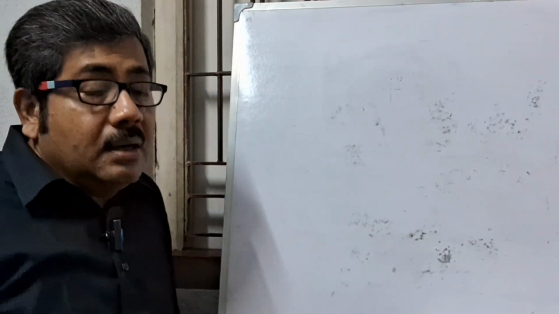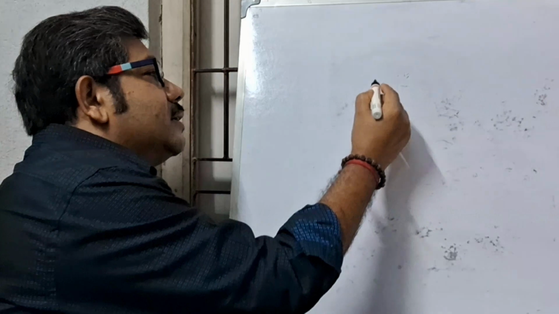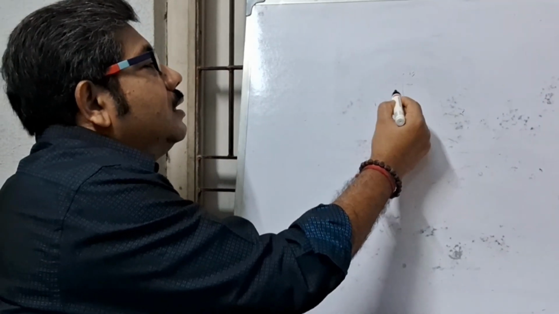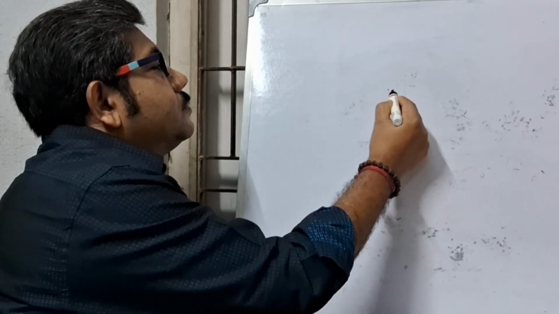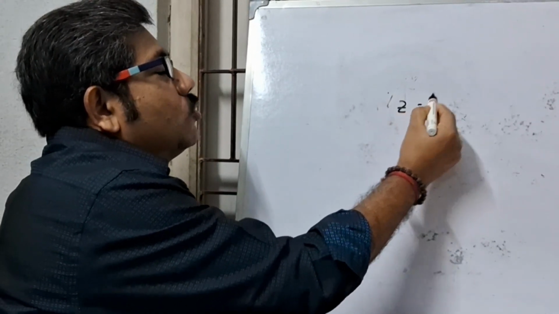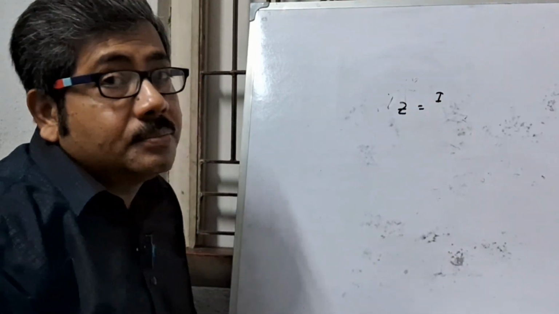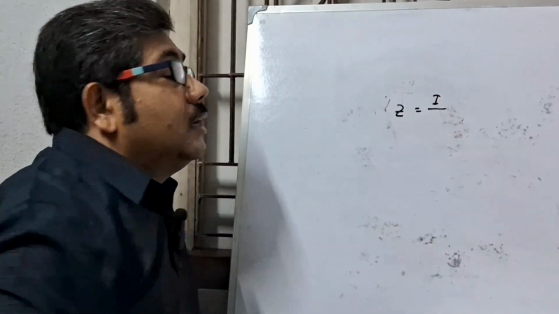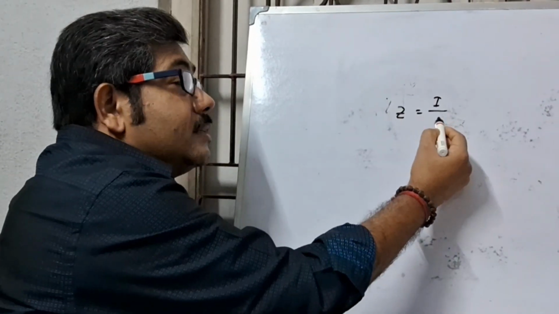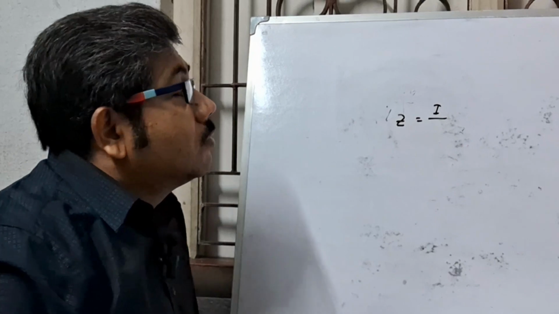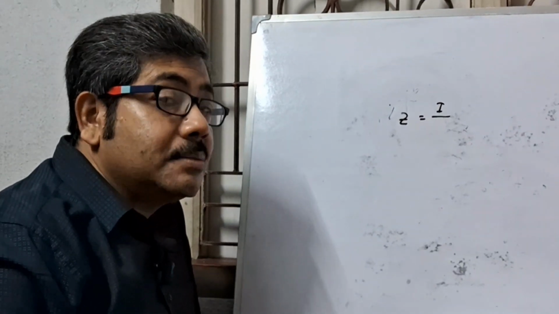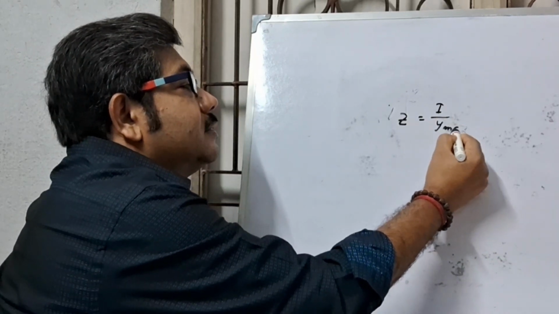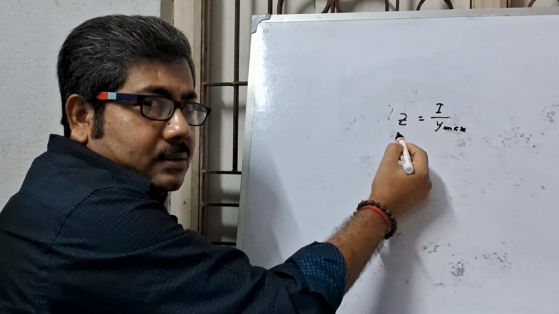From the chapter bending stress, we know that section modulus, that is Z, equals the moment of inertia of the beam section divided by the distance between the neutral axis and the maximum outer fiber, that is Y max. Yeah, this is section modulus.